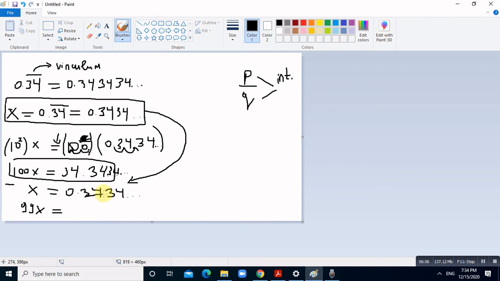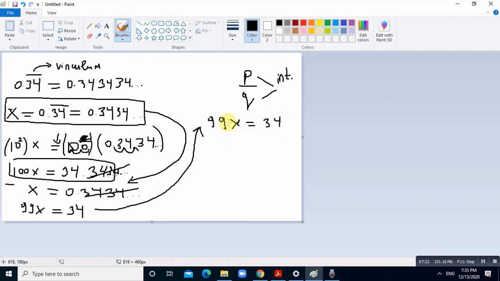So this over here is going to cancel out, and we're going to be left only with this 34 without the rest, right? And at this point, we have an equation which we can solve for x. So then we have 99x is equal to 34.